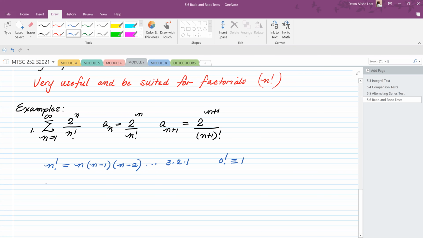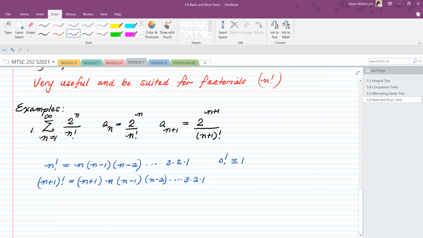And n plus 1 factorial means I go out one more number, so I get n plus 1, but it's still times n times n minus 1, and this also goes all the way down to 3 times 2 times 1. So anytime you see these, that's what you're going to use.